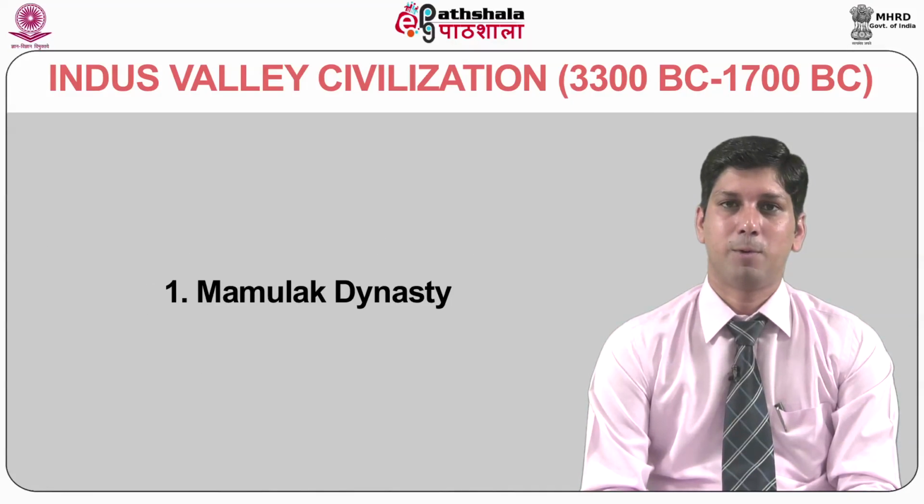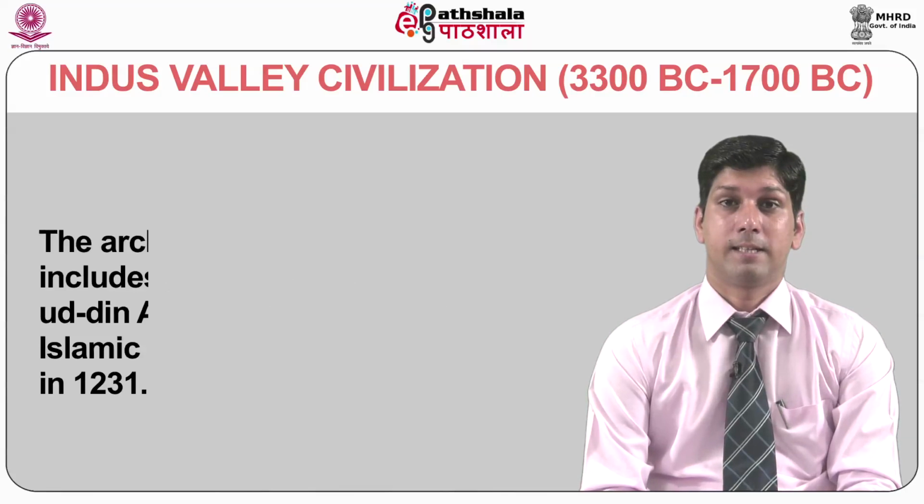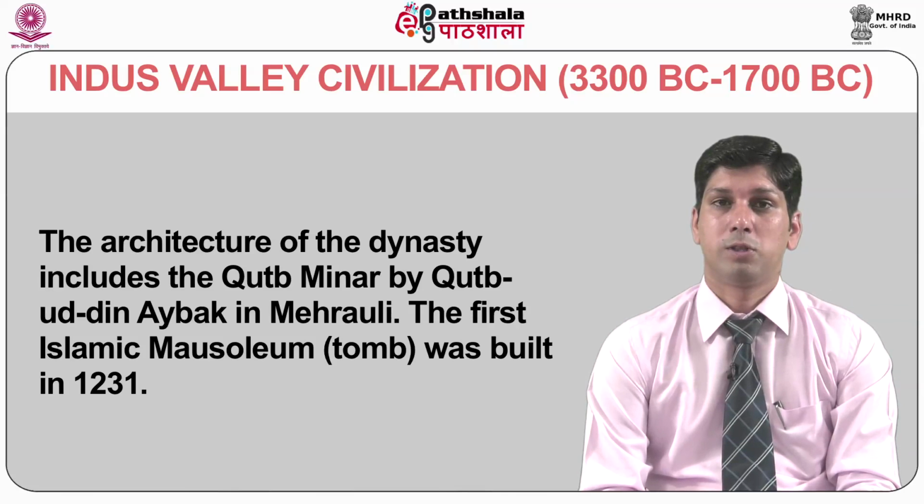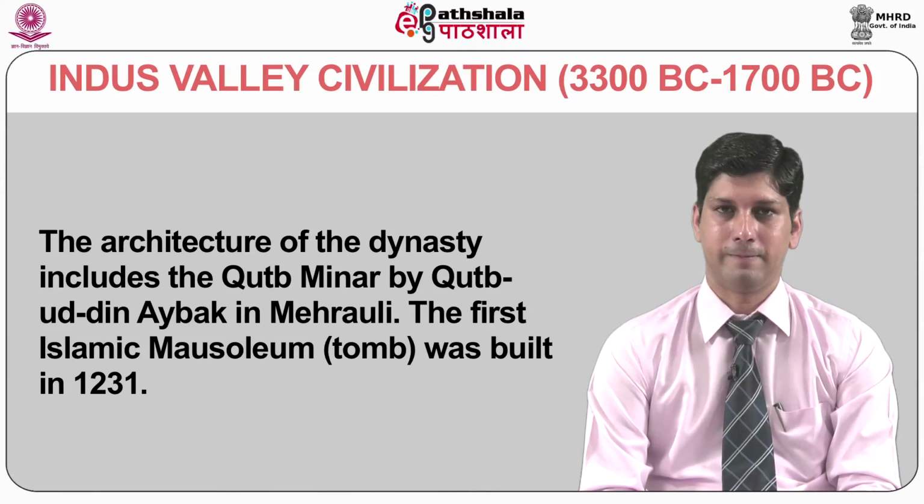Let us discuss the Mamluk dynasty first. The architecture of the dynasty includes the Qutub Minar by Qutb ud-Din Aibak in Mehrauli. The first Islamic mausoleum was built in 1231.